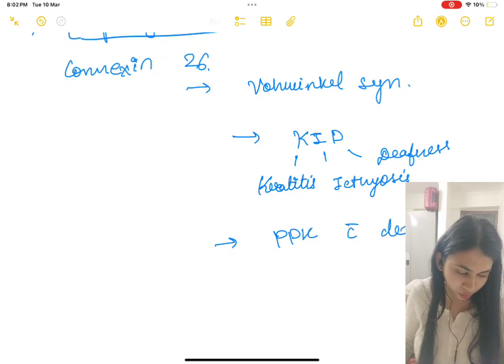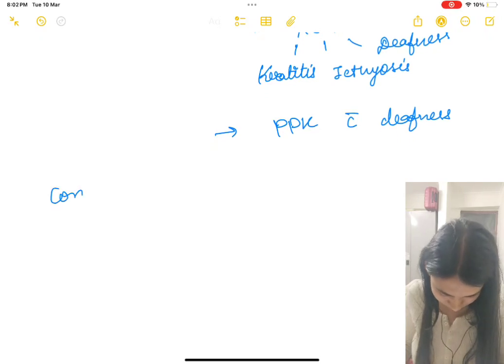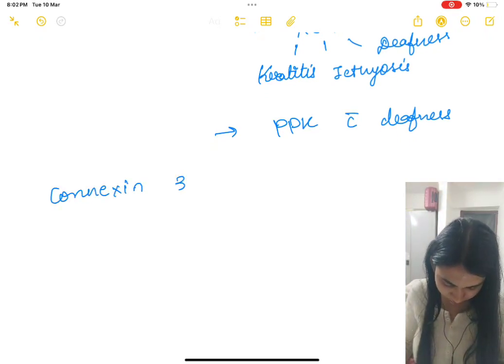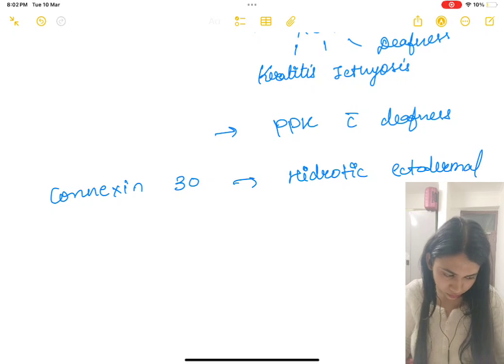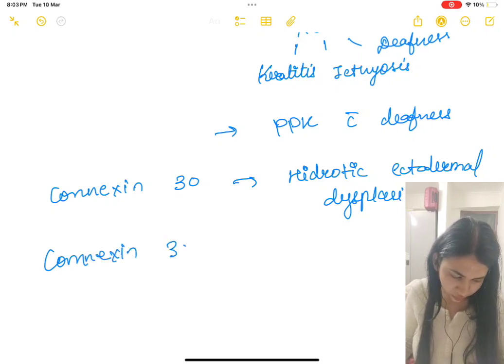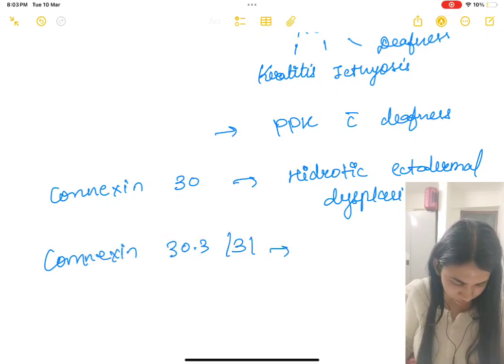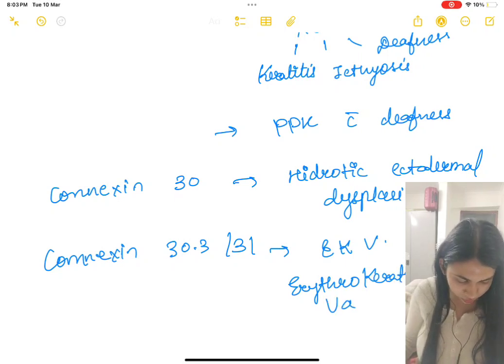Then you have connexin 30, associated with hidrotic ectodermal dysplasia. And then connexin 30.3 and 31, associated with erythrokeratoderma variabilis.